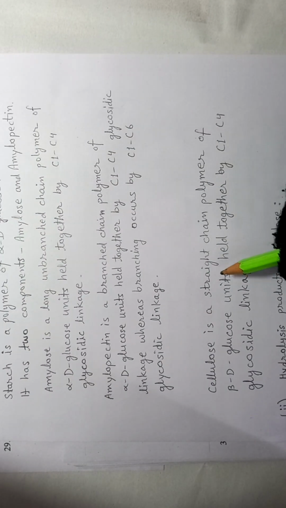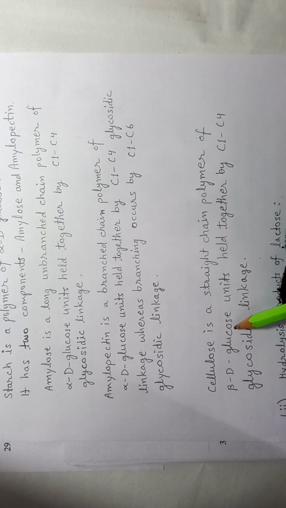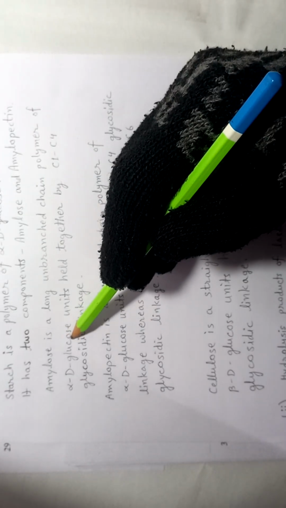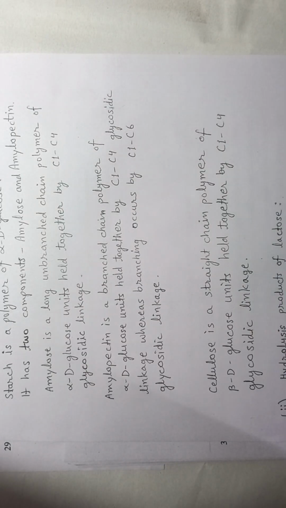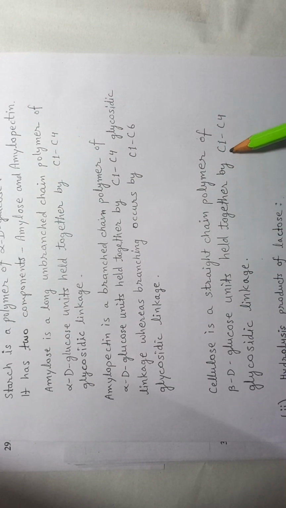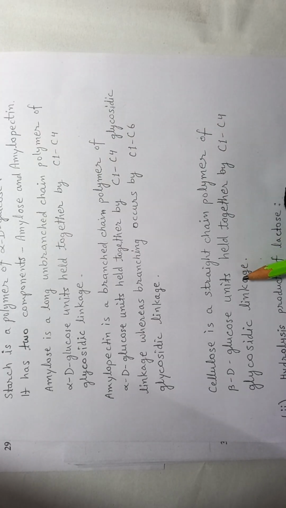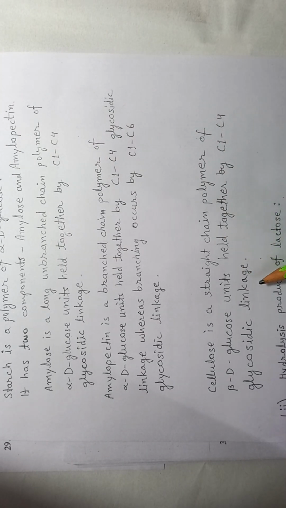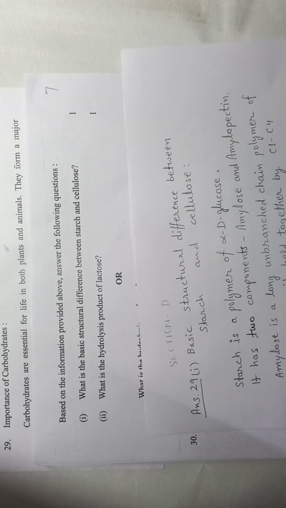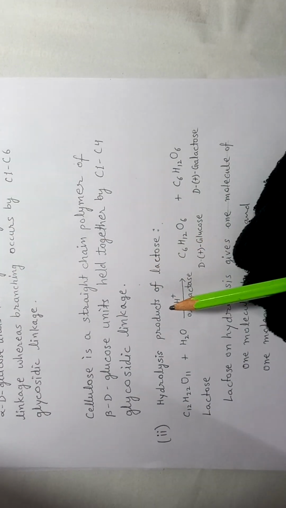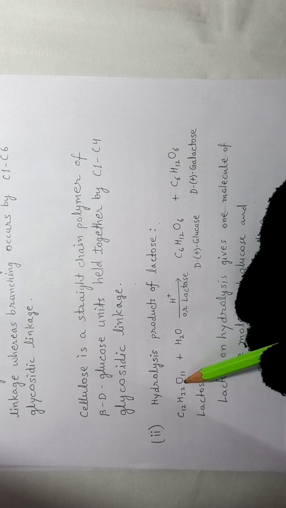And cellulose is a straight chain polymer of beta D glucose. This is the main difference: here we have alpha D glucose, here we have beta D glucose, which are held together by C1 C4 glycosidic linkage, which is the same as in starch. But you have to write this down. Next is hydrolysis of lactose. So this is lactose.